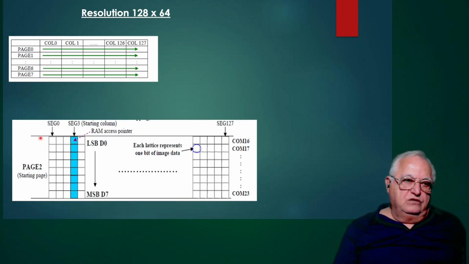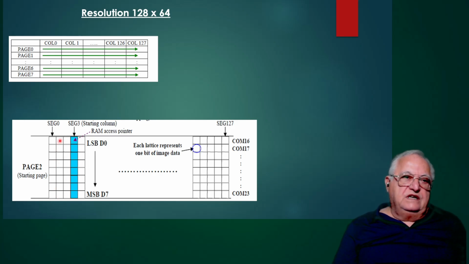Let's look at one page. So let's look at page 2. If you go to page 2, you're going to have 128 columns of 8 bits each.